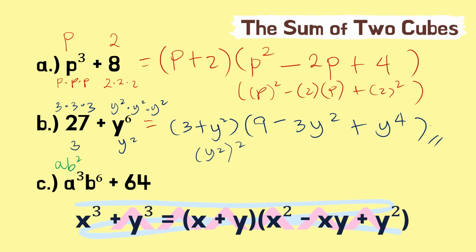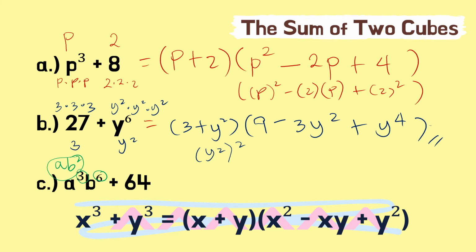So, ma'am, bakit naging ab squared? You divide the exponent by 3. 3 divided by 3 is 1, so you don't have to write it kapag 1 ang exponent. Automatically, every variable na walang nakalagay na exponent, the exponent is 1. And 6 divided by 3 is 2.